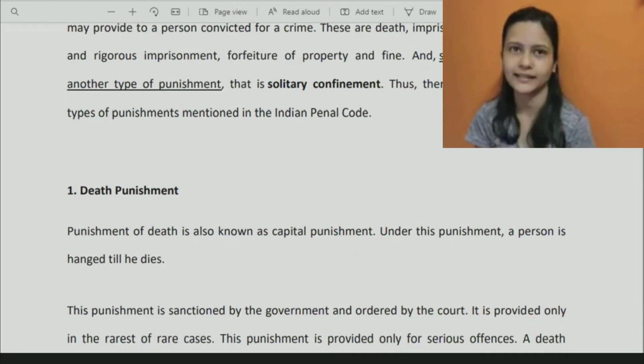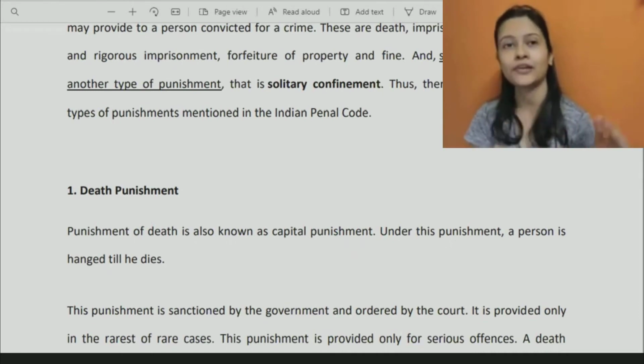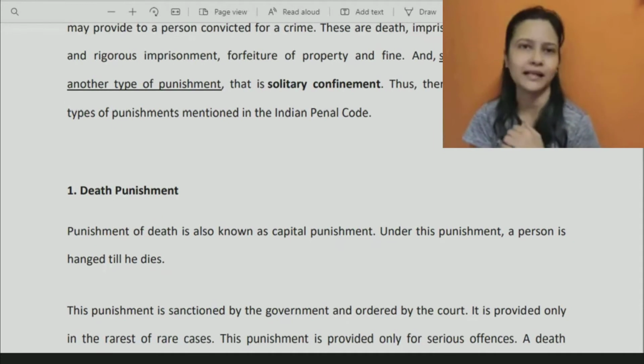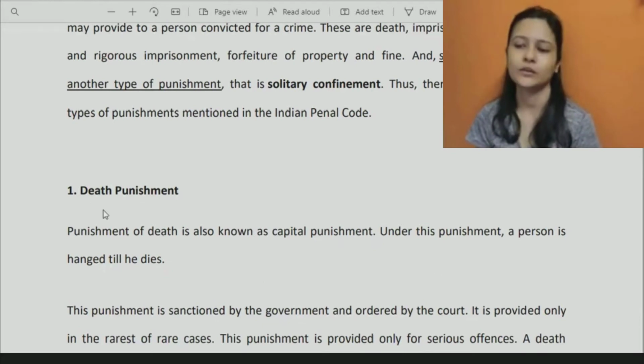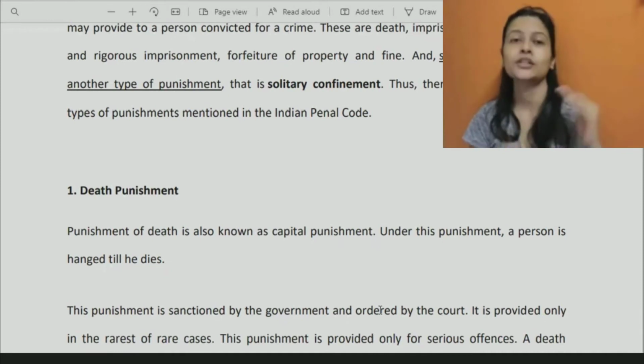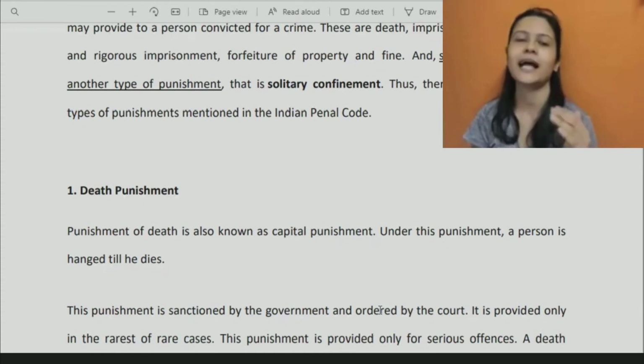It's not like that, but we have a right to live a dignified life. And this right is available even to a person who is a death convict, for whom capital punishment is given. That person also has Article 21 to live a dignified life until his last breath.